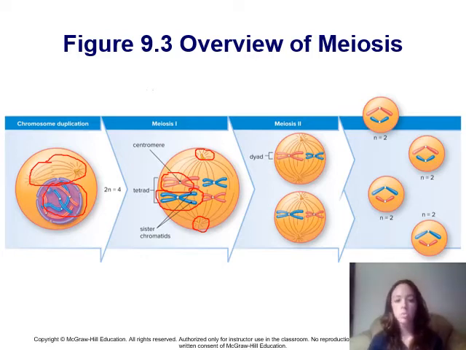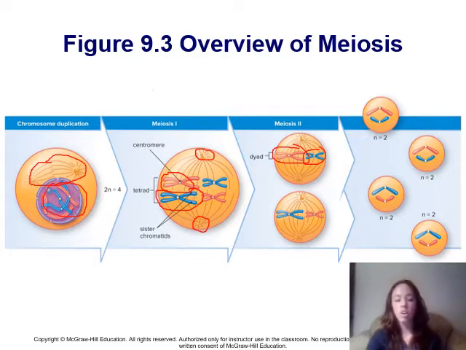The chromosomes are going to line up in the center of the cell, although notice this time that they are stacked on top of each other rather than right next to each other as in meiosis 1. So our spindle fibers are going to connect to the centromere again. And now, instead of the homologous chromosomes being separated, now the sister chromatids will be separated.